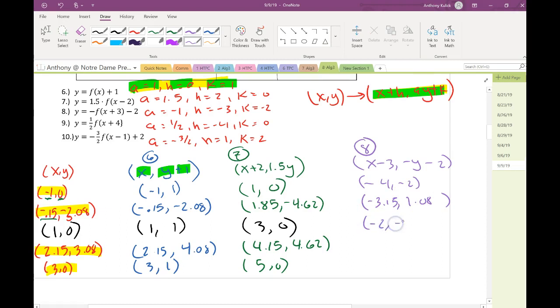Negative 2, negative 2. Negative 0.85. And then 5.08. Negative 5.08, excuse me. And then I have 0, negative 2.